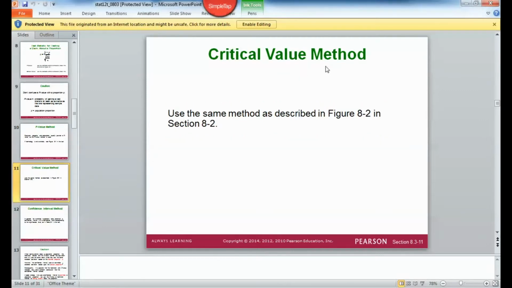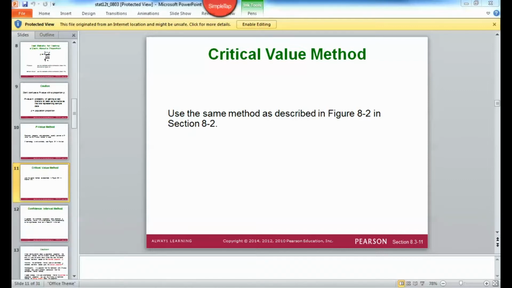Alright, so critical value method. Use the same method as described in figure 8.2. Let me pull that figure up for you. Sorry about that.